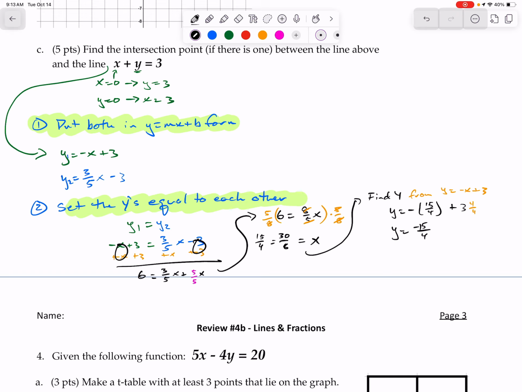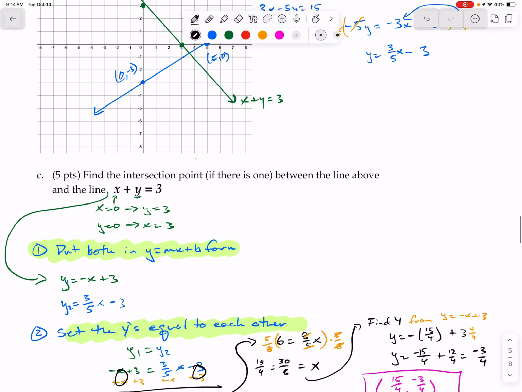Yeah, minus 15 over 4 plus 12 over 4 equals minus 3 over 4. So that gives me a point of 15 over 4 comma minus 3 over 4. And if I look at that, I'll do it in black, this is 3 3/4 comma negative 3/4.